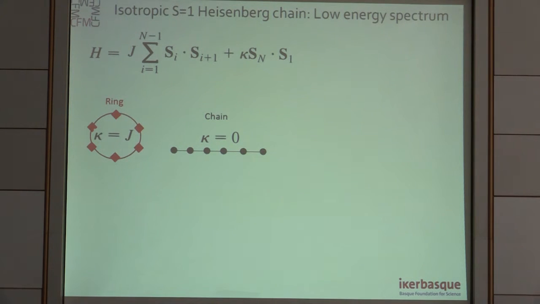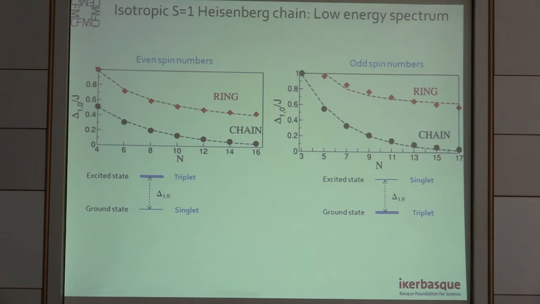changing the parameter kappa. In both cases, the low energy spectra of these chains depend strongly on the parity of the number of spins. So if we have an even number of spins, we have a ground state that is a spin singlet, and the excited state is a spin triplet, while this situation is reversed in the case of an odd spin chain.